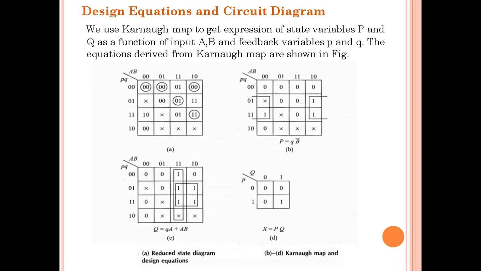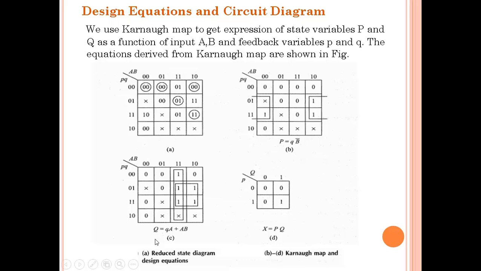Now from this take the first values 0 0 0 0 0 here and solve the K map. We get P is equal to Q B bar. Similarly, take the second values here, 0 0 1 0 0 0 1 0, don't care 0 1 1, don't care 0 1 1, and solve this.